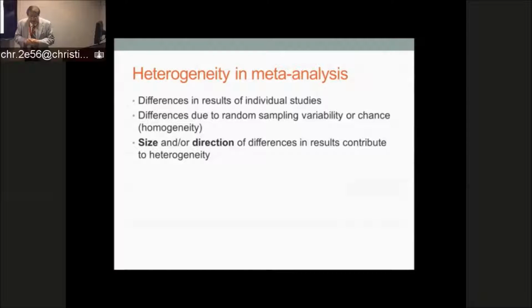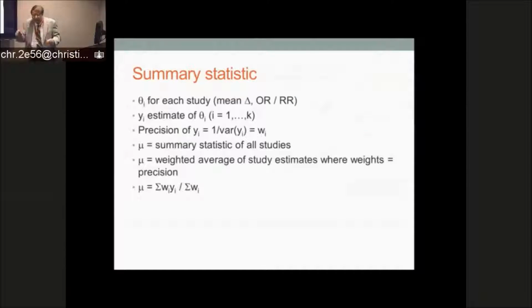Or is there some other reason why there are differences between the studies as far as their results are concerned? That includes the size of the differences that the studies find, as well as the direction. One study might find in favor of one treatment, but another study doing the same thing finds in favor of the other treatment. When you combine those together, obviously that's going to cause heterogeneity between the studies.